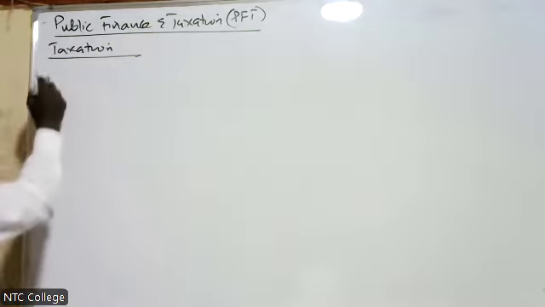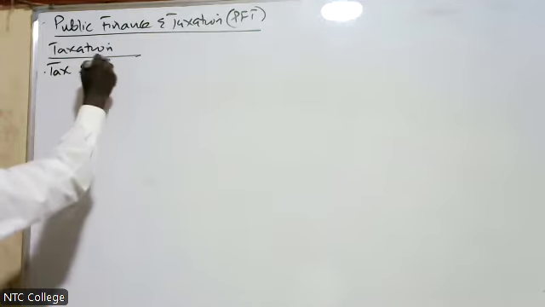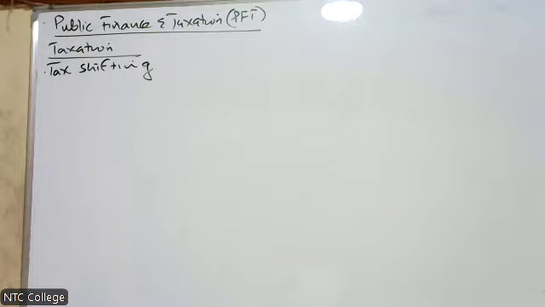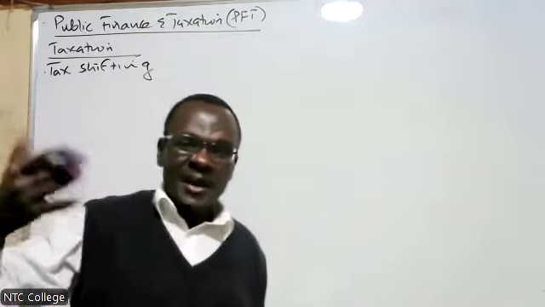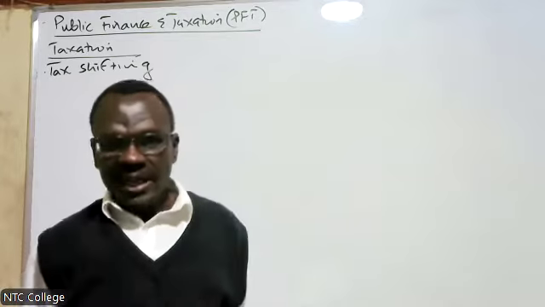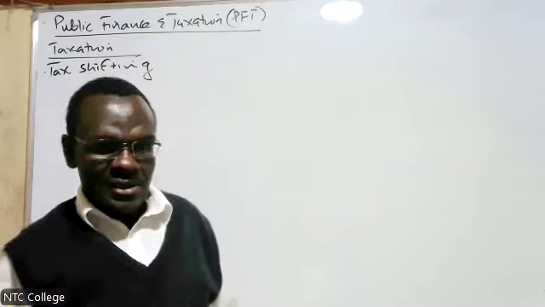I'd started discussing something called tax shifting. We'll finish that. We had already explained what tax shifting is, and we said it's the transfer of the burden of tax to somebody else, right? So it happens a lot with indirect taxes.